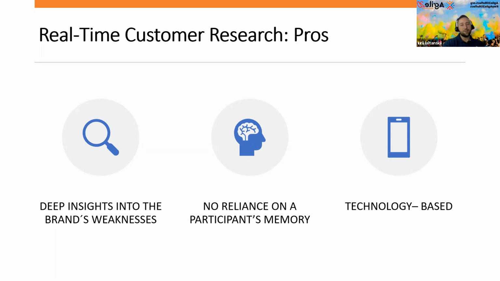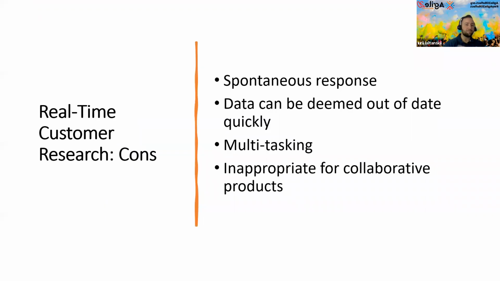But what are the cons of this method? Well, as it's real-time customer research, we get spontaneous responses from our customers, and these responses are not always the truth. That means the data we get can be deemed out of date quickly.